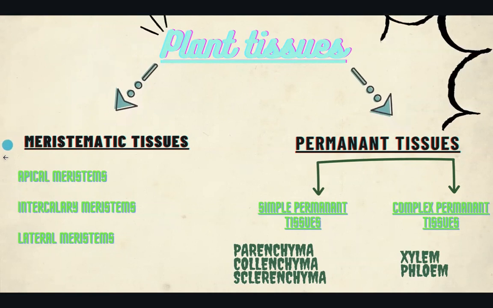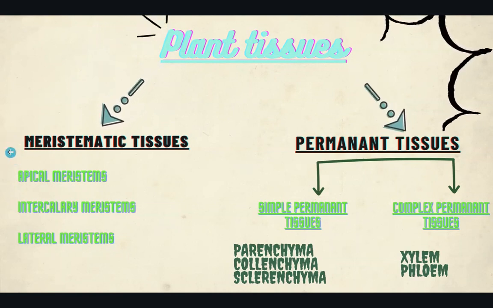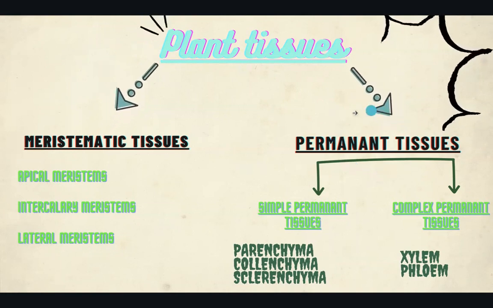They can be divided into three main parts: apical meristems, intercalary meristems, and lateral meristems. Permanent tissues can be divided into two main parts: simple permanent tissues and complex permanent tissues.